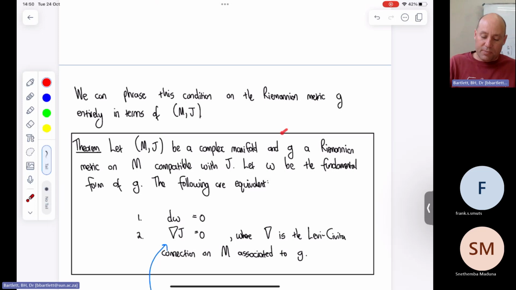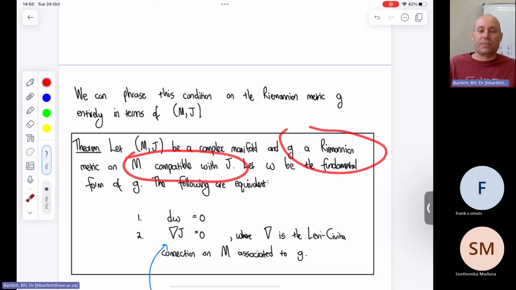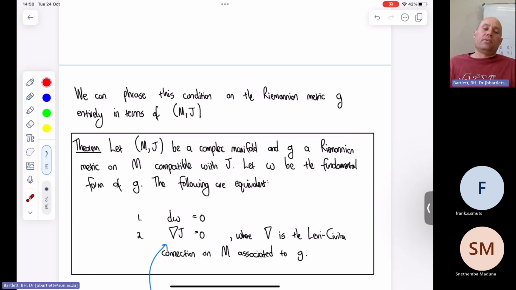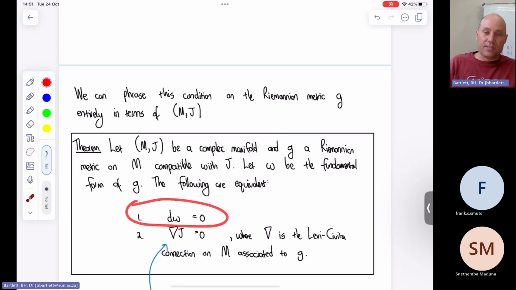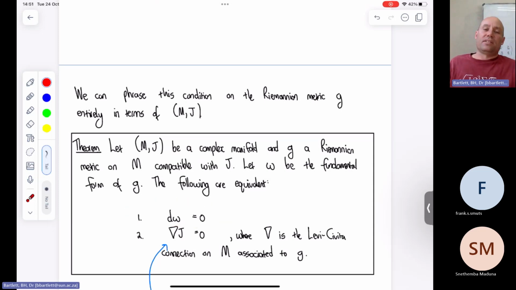So we're halfway there when we say that it's compatible with J. So now let omega be the fundamental form of G, and the following are equivalent: number one, d omega equals naught. In other words, it's a Kähler metric. And number two says that the covariant derivative of J, using the Levi-Civita connection of the underlying Riemannian metric, is equal to 0.